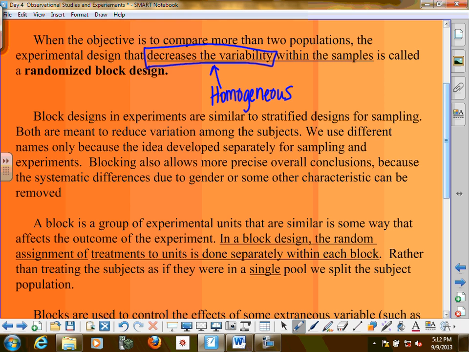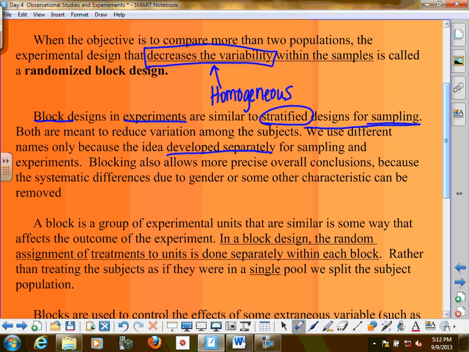All right. Block design is called blocking when you do an experiment, just like we did stratified for sampling. Do you remember when we divided everything into small, medium, and large rectangles so that we could get some of each? The reason they have different names is because they were developed separately for sampling and for experiments.